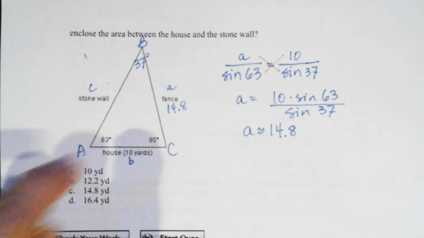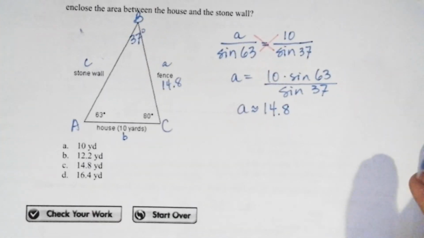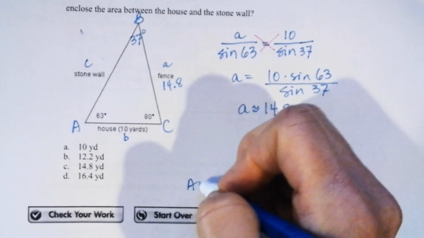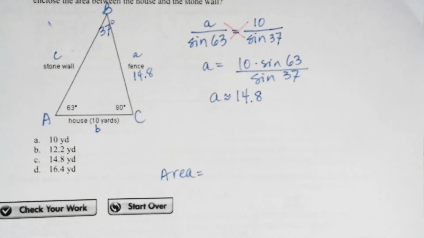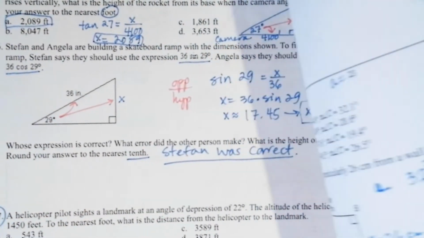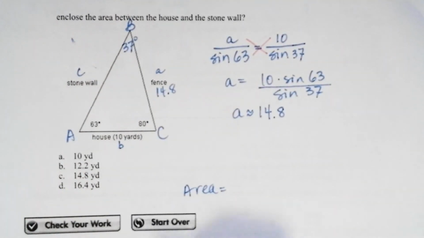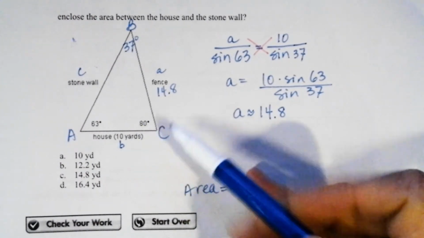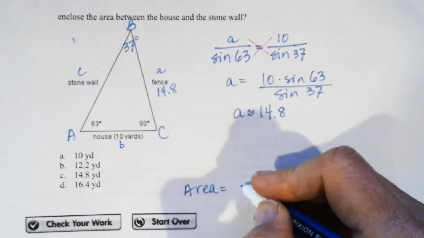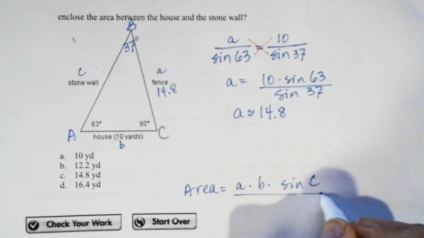Between the house and the stone wall, so I want to find all the area. Do I have enough for the area formula? Remember my area formula. I'm going to go back here and look. For this, when I had B, it was AC sine B. So now I have A and B, and I can use C. So it can be A, B, sine C over 2.